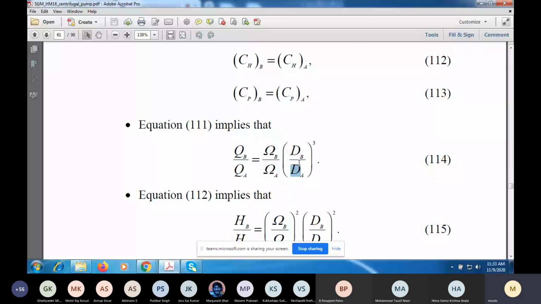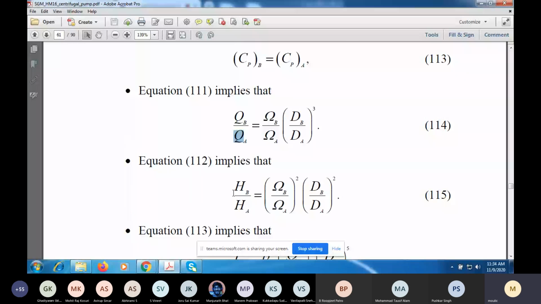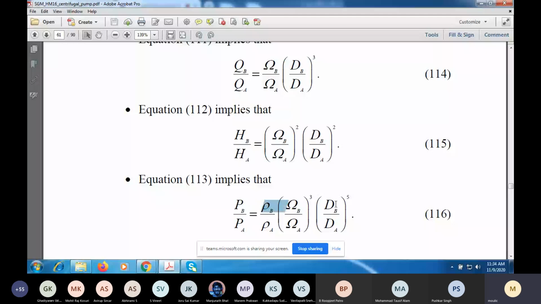So you could have a case where both the pumps have the same speed, so this ratio might be 1. But suppose dB is twice of dA, then the flow rate for the homologous point will be 8 times QA. And if you look at the head, it will be 4 times. And if you look at the power, it will be 2 to the power 5 or 32 times.